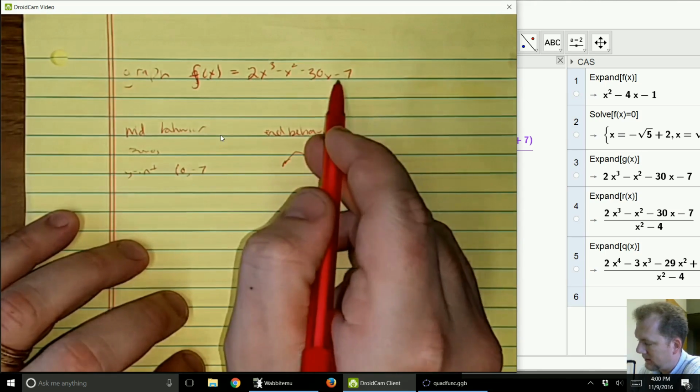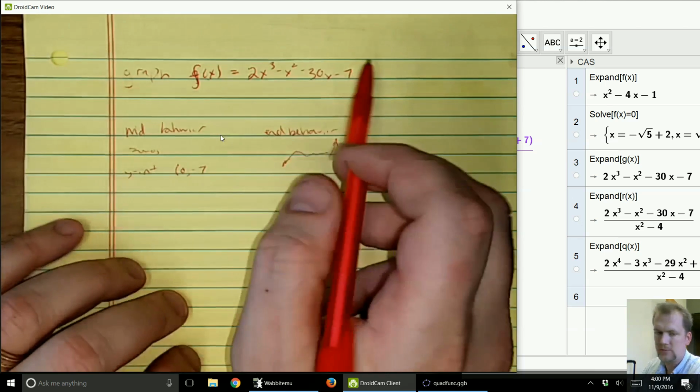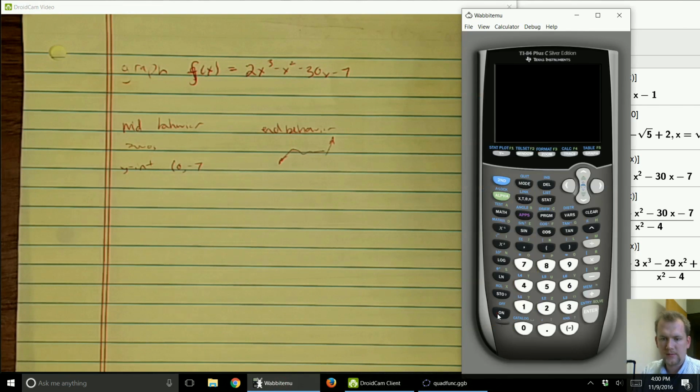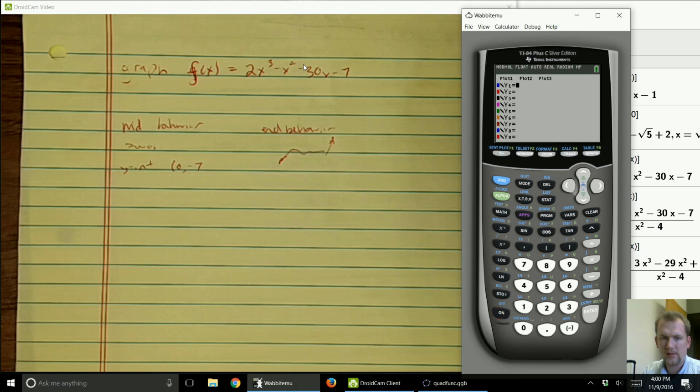Now for this thing, we have some numbers we need to check, so we're going to use the rational root theorem. I'm going to put this in y1: 2x cubed minus x squared, minus 30x minus 7. I'm going to check numbers with either 1 or 7 in the numerator and then 1 or 2 in the denominator.